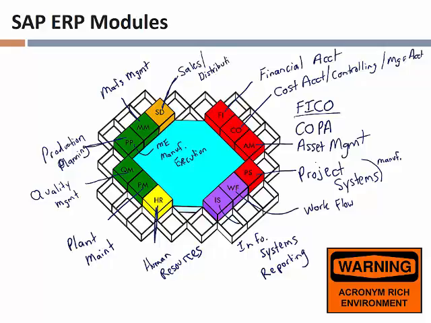Now, for the lab work that you are doing right now, you are largely working in the FICO set of modules. When you are creating your chart of accounts, you're setting up your business areas, you're defining your company code, all of that are key elements in financial accounting.